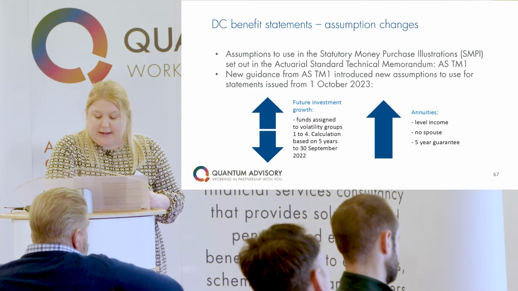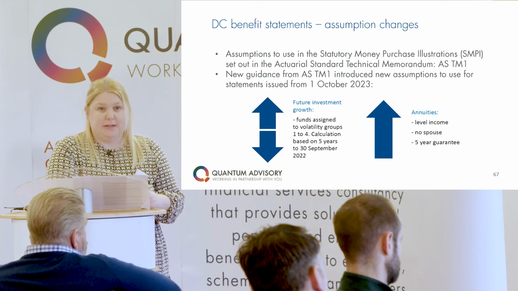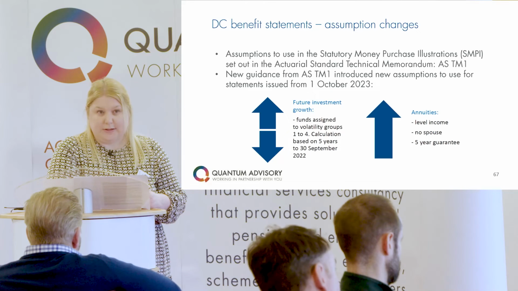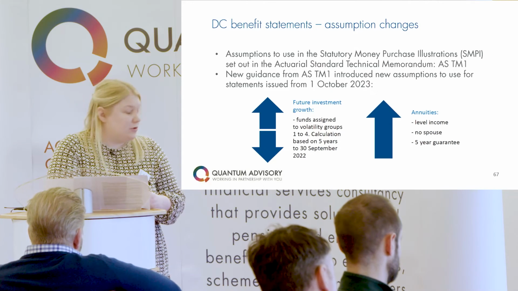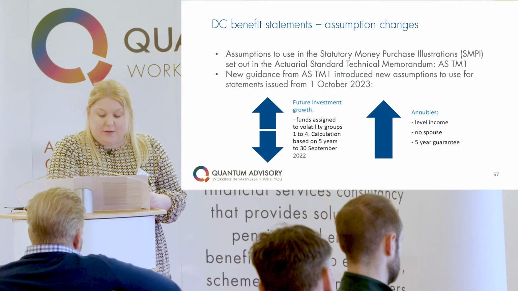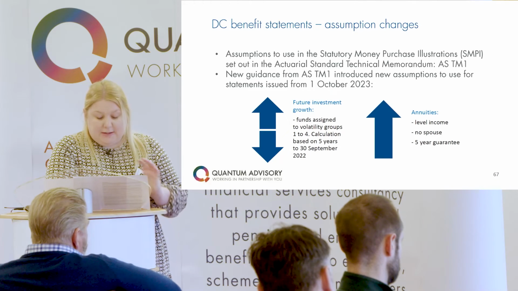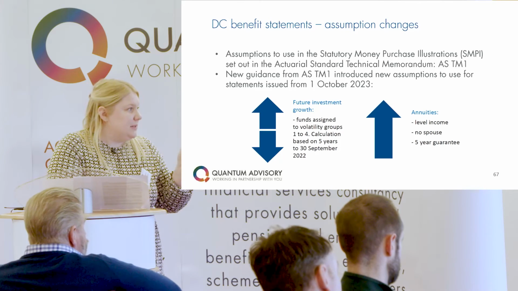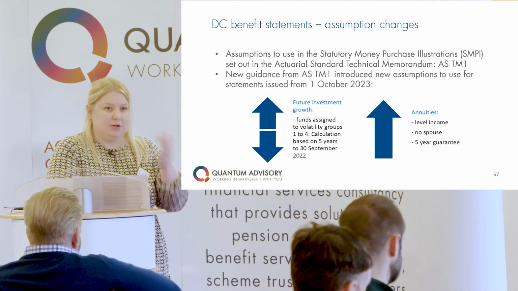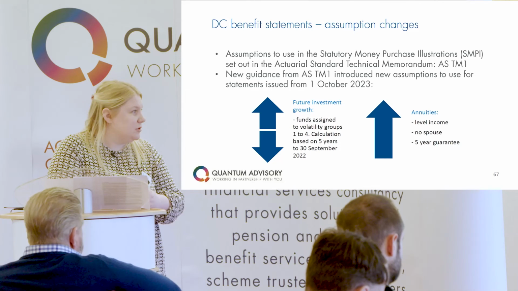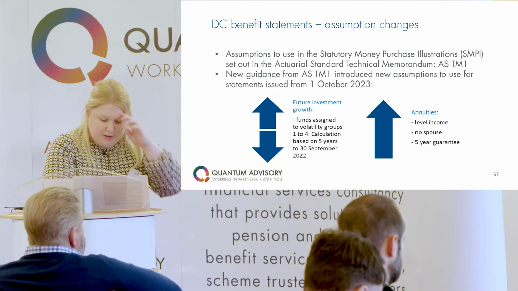So the Actuarial Standard TM1, which sets out the assumptions to use, stated that for statements issued after 1st of October 2023, they had standardised the future investment growth assumptions and the form of the annuitisation at retirement. And these new standard assumptions all feed into what Chris went through for the pensions dashboard. That's the thinking behind this. They'll use the same assumptions, and so the calculations will marry up for the pensions dashboard.